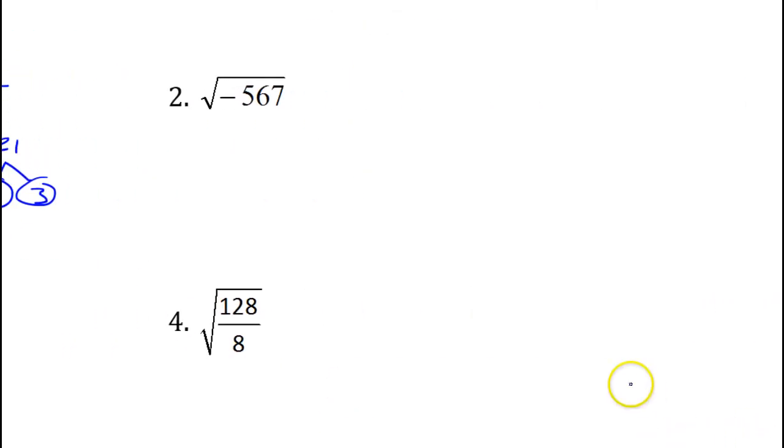Okay, so again, looking at problem number 2, I see that negative sign, so I know there's going to be an i involved. 567, that's pretty big. Okay, so I'm going to do the factor tree method to get my prime factorization. Now, I briefly added up these digits, and these add up to 18. The reason why I did that is because that tells me that this number is divisible by 9.